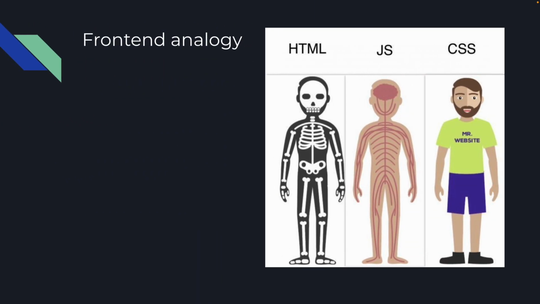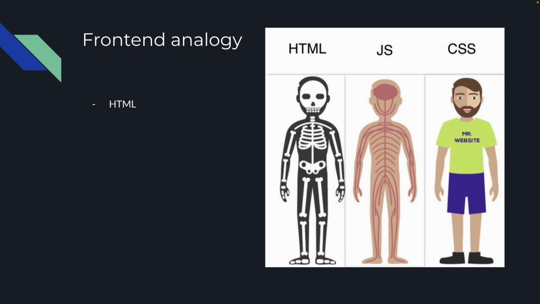So let's have a front-end analogy. We have the HTML. From the image, you can see HTML. I know you're wondering what this is about. Now let's say this is HTML. HTML is more of the skeleton of a website.